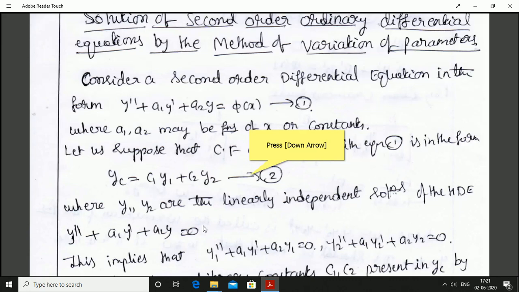Vary the parameter c1 by a, c2 by b and assume the general solution. If we find a and b values and substitute those values into equation 2, it gives the complete solution of the given differential equation 1.